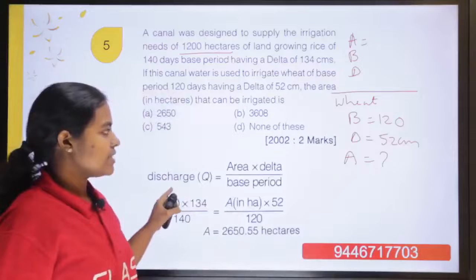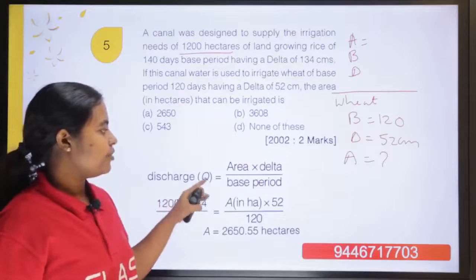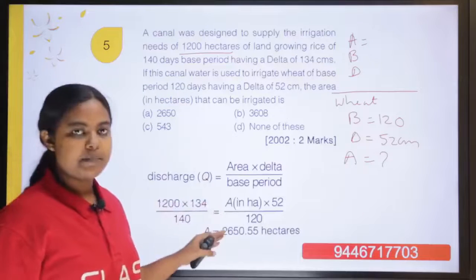So discharge is given by area into delta by base period.